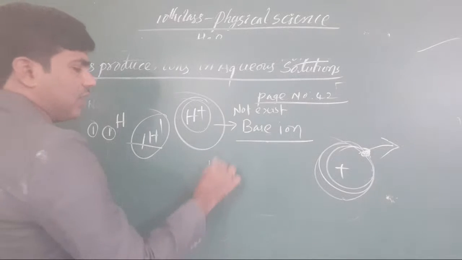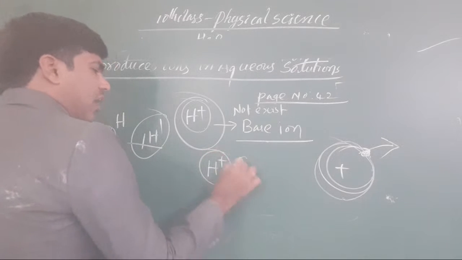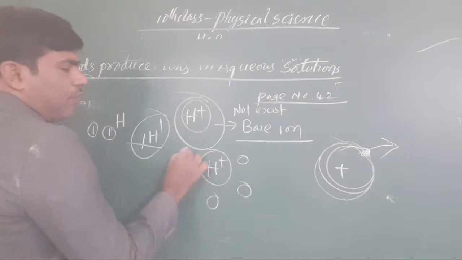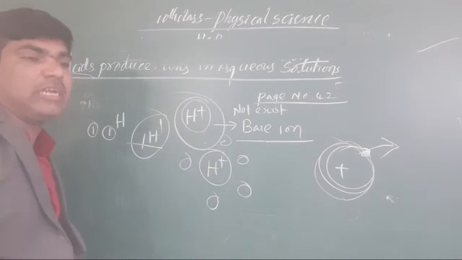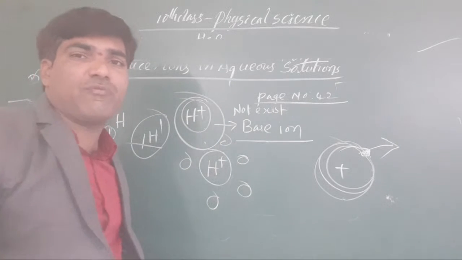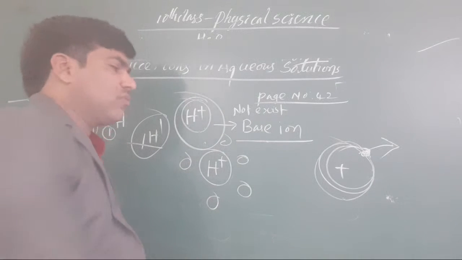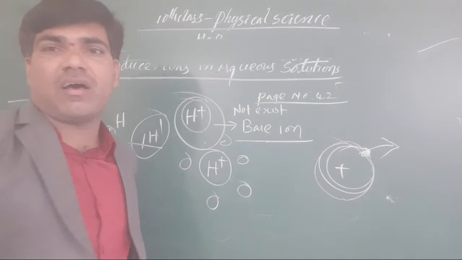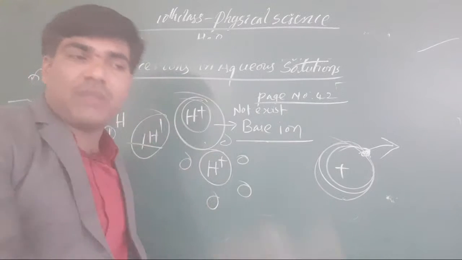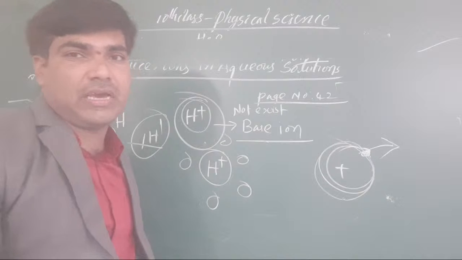Compulsorily, around the hydrogen ion, some water molecules are there. There is a possibility of 4 to 6 water molecules ready to give their fundamental particles to that hydrogen ion.